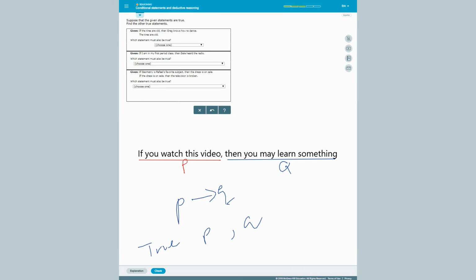Another case of true is a little bit more different. That is our not Q, then not P. What that means is you make the opposite of your Q statement, then the opposite of your P statement.